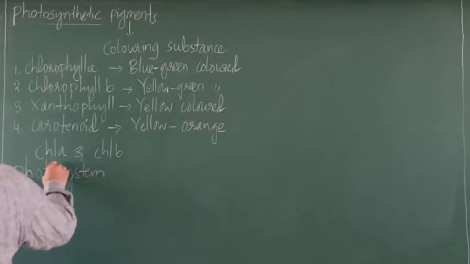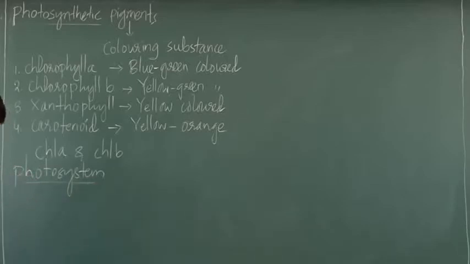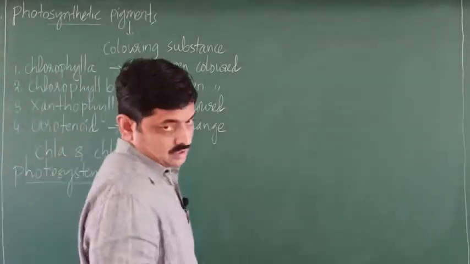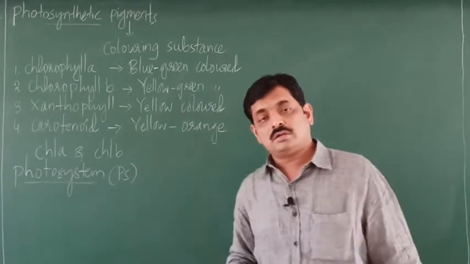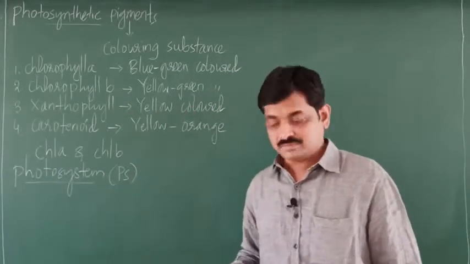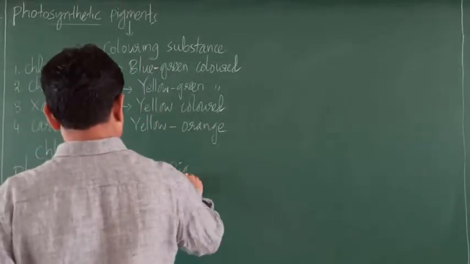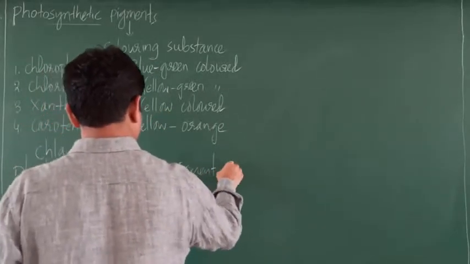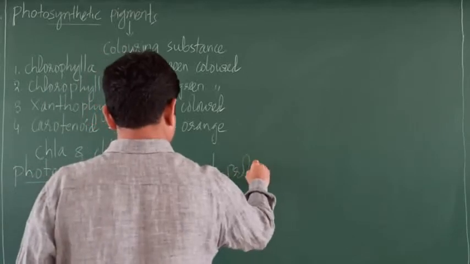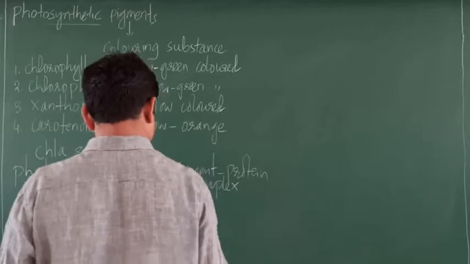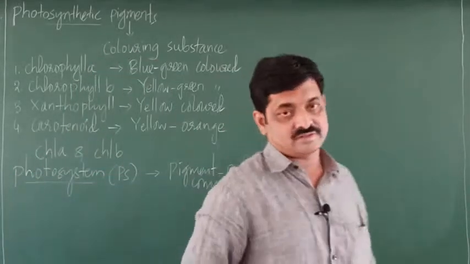So photosystem, written as PS in short. So what is this photosystem? Photosystem is a pigment protein complex, right?